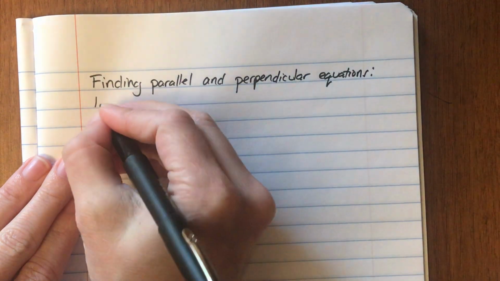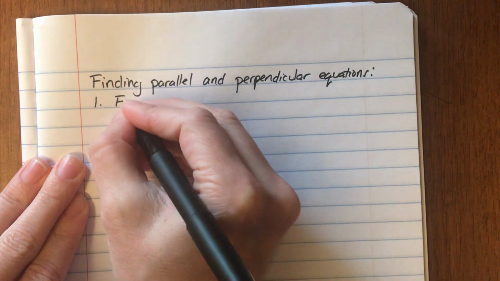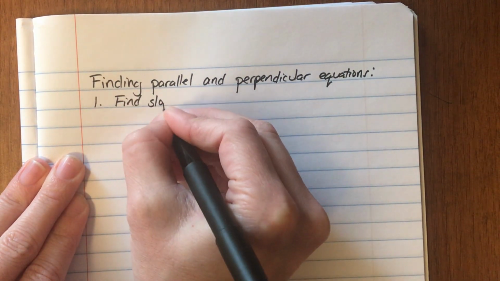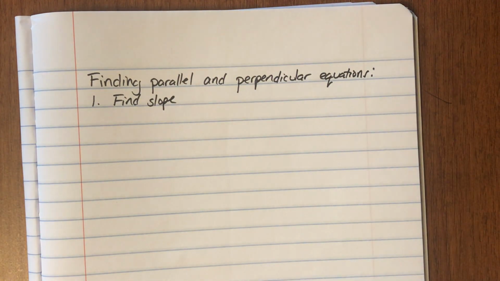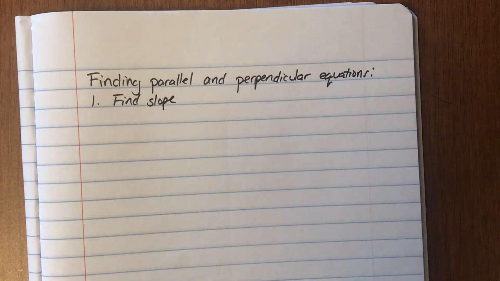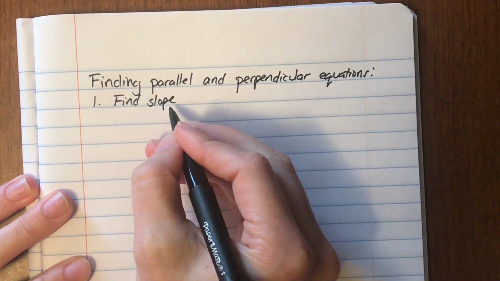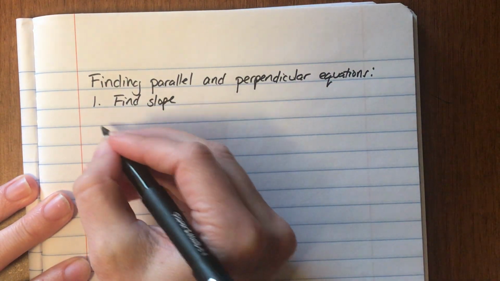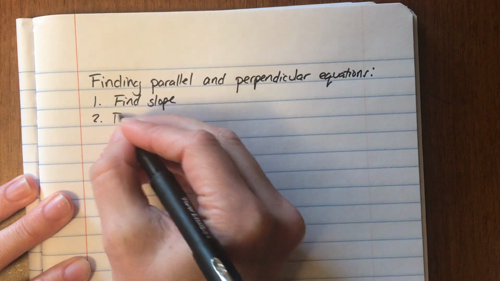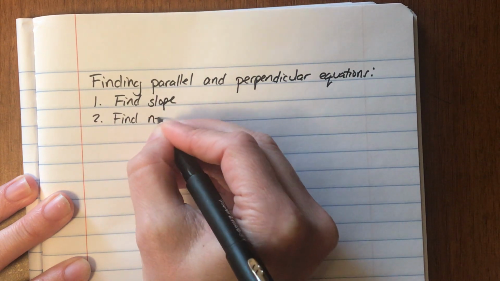And here are the steps. So step number 1, you're going to find the slope. It's the slope that we're concerned about because it's the same slope that makes it parallel, and it's the negative reciprocal slope that makes it perpendicular. So we're going to find the slope of the equation. Then step 2, we're going to find the new slope.